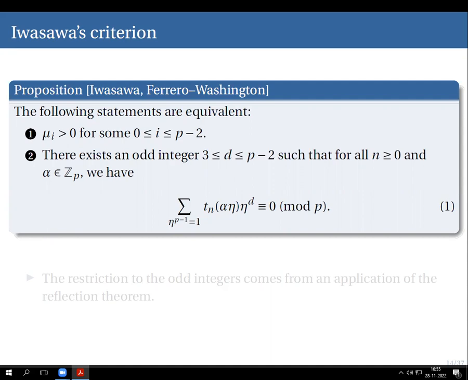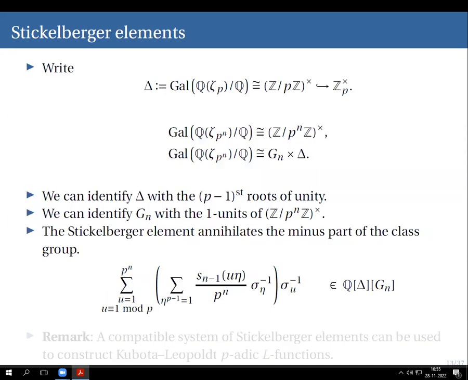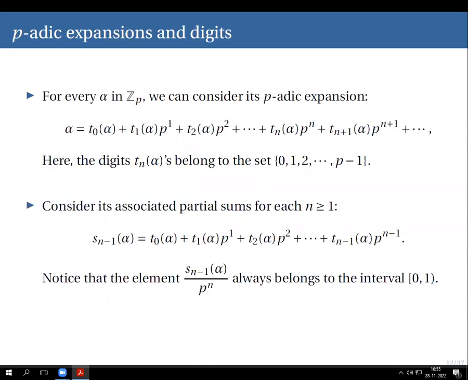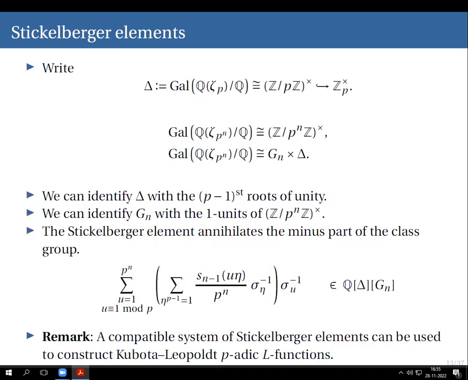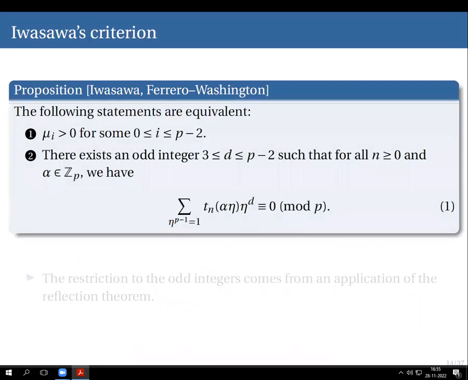Alpha eta is a p-adic integer, and t_n is the coefficient of p to the n in its p-adic expansion. It's just the thing that appears in front of p to the n. So mu being positive is almost a criterion that feels very independent of the setup.